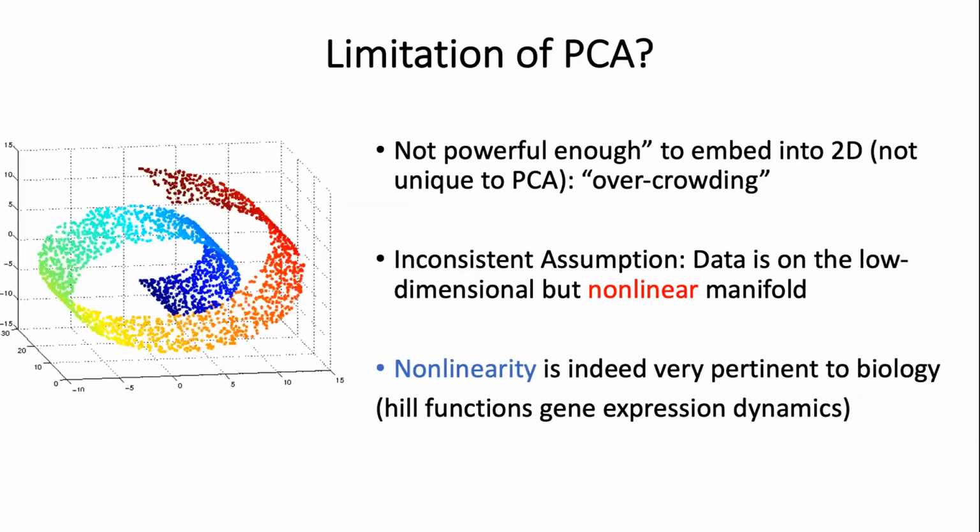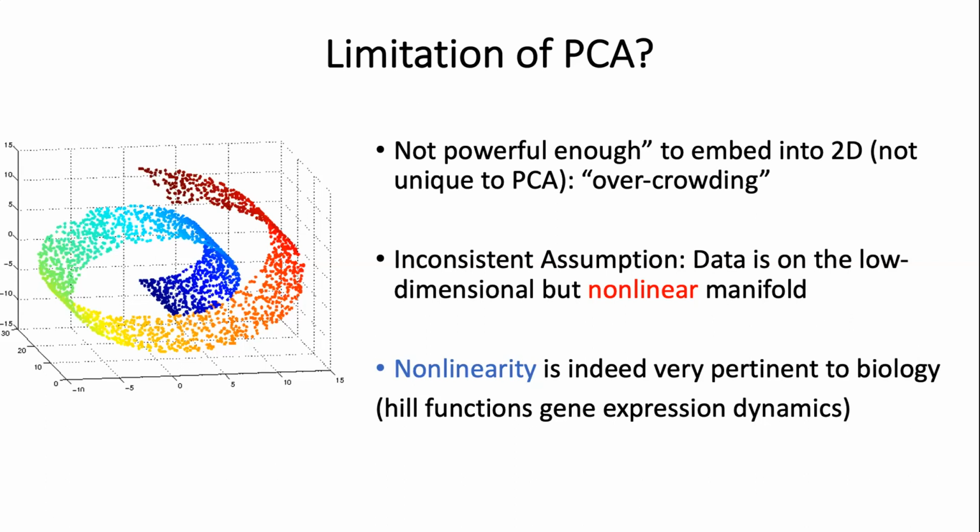So that's another interpretation. But of course, we've talked about so many good things about PCA, but there are also some bad things or limitations, which is why we need more advanced methods. First, PCA is good for dimensionality reduction, but not good for visualization. Currently for visualization we use t-SNE and UMAP. One issue is something called overcrowding: PCA tends to make the points too close together if you only plot two components, because by visualization I mean we only plot the first two components, or at most three.